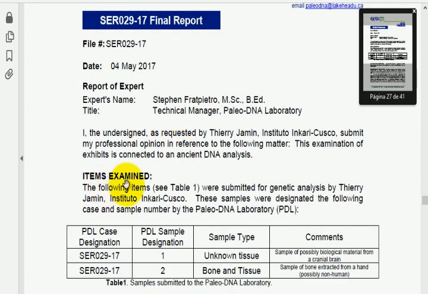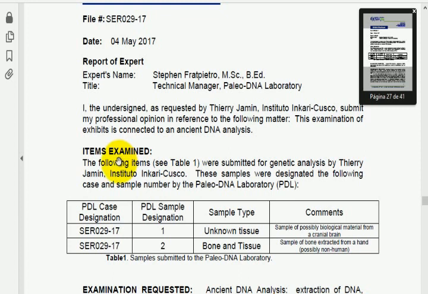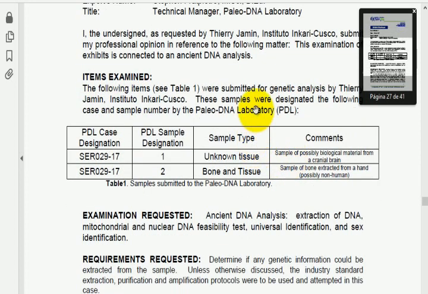Items examined. There are 2 items examined. They were submitted by the person Terry Yamin. There are 2 samples, and the first sample is possibly biological material from a cranial brain.